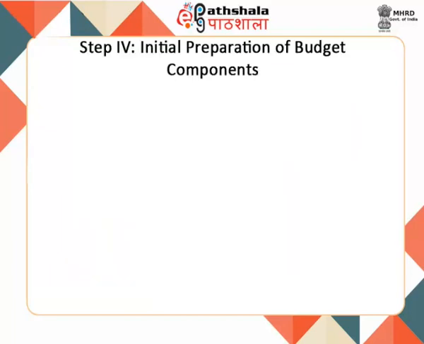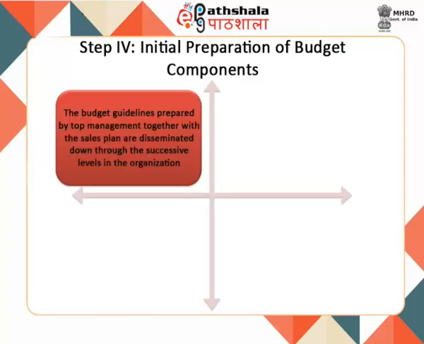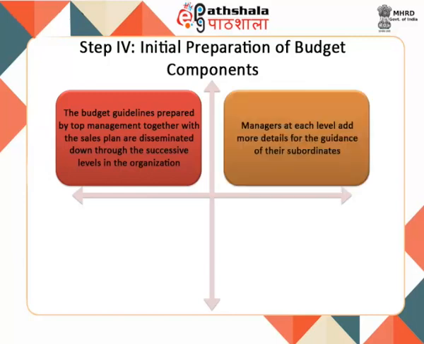The fourth step is the initial preparation of budget components. The budget guidelines prepared by top level management together with the sales plan are disseminated down through the successive levels in the organization. Managers at each level add more detail for the guidance of their subordinates.